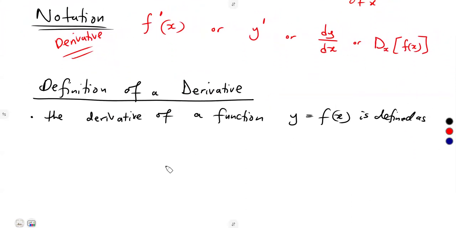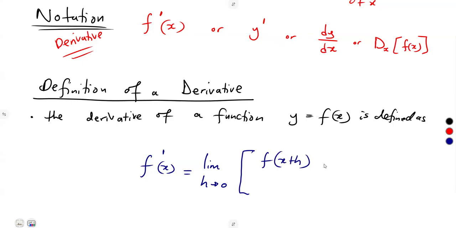So that derivative will be taken as f prime x, which is equal to the limit as h approaches 0 of f of x plus h minus f of x, everything over h.